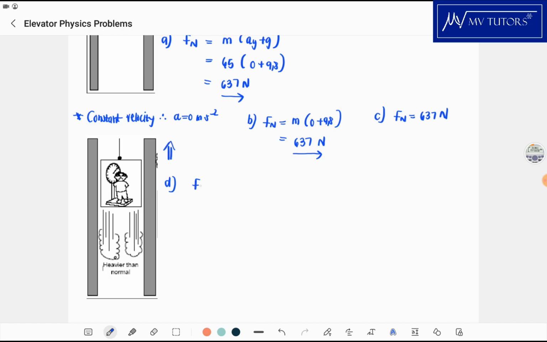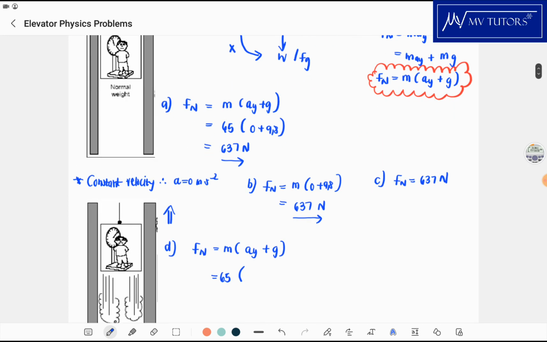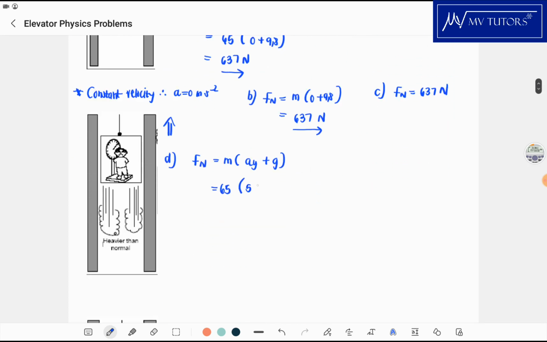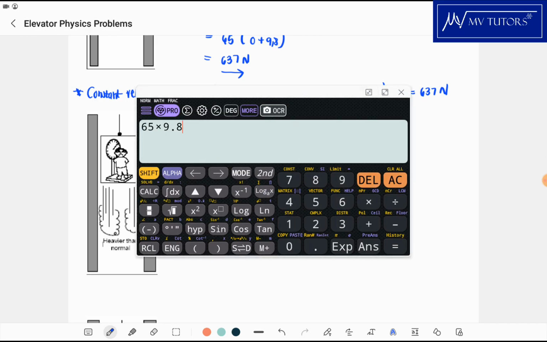So, again, we use our equation. Normal force equals mass times vertical acceleration plus g. The mass is 65 kilograms. The acceleration upward, we said it's 5. So we have 5 plus 9.8. What is the reading on the scale?